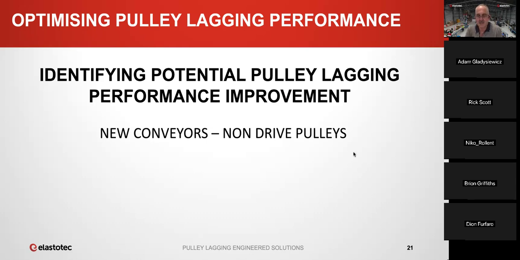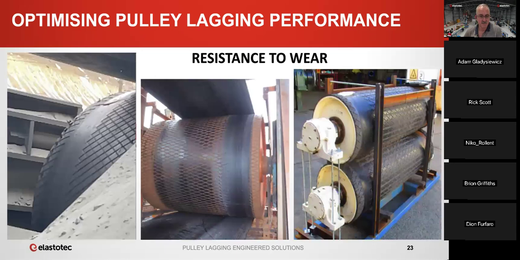So these recommendations that I'm going to go through now are really based on trying to get the best performance. So we're not considering the cost implications that are obviously quite important for new projects. We're just going to focus now on performance. So we're going to look at two things: resistance to wear, and also the ability to resist buildup.